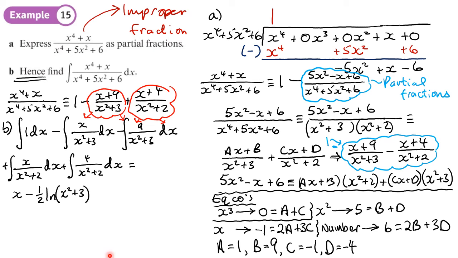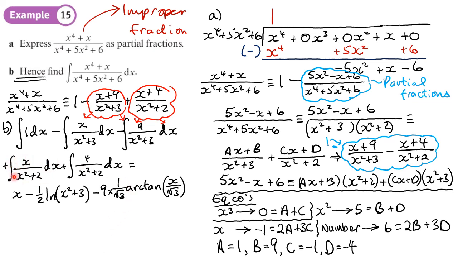Then if we look at the next one, we'll probably take the 9 over here, and this will be arctan, where a would be root 3, so I'll have negative 9, and arctan will be 1 over a, arctan x over a, so that's root 3, so that's the next one.